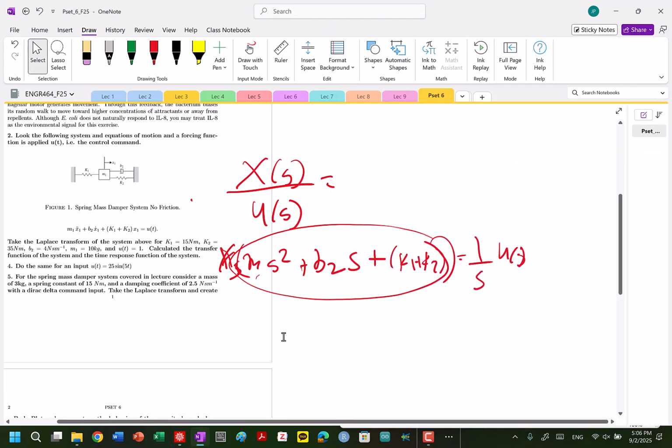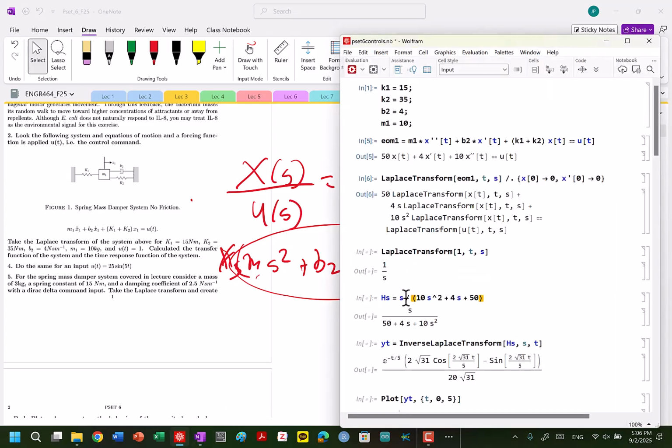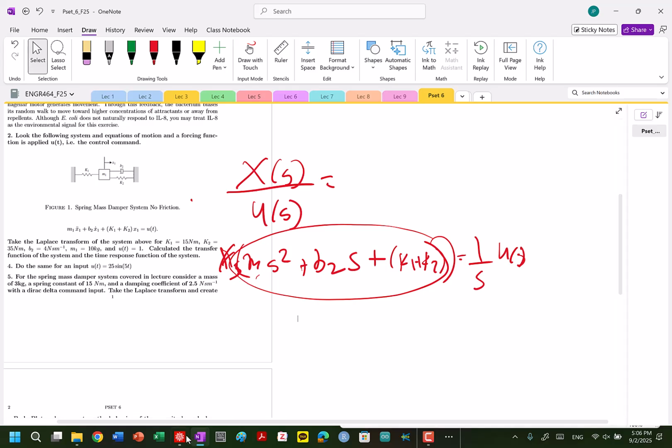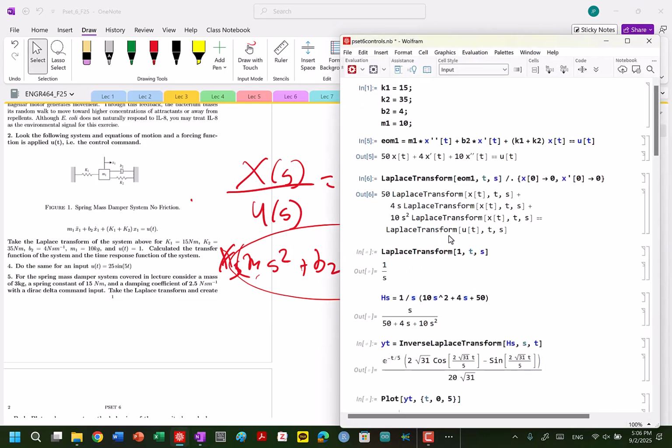So we move that over to x of s, and we get 1 over s, because the Laplace transform of u of t, which is equal to 1, is 1 over s.